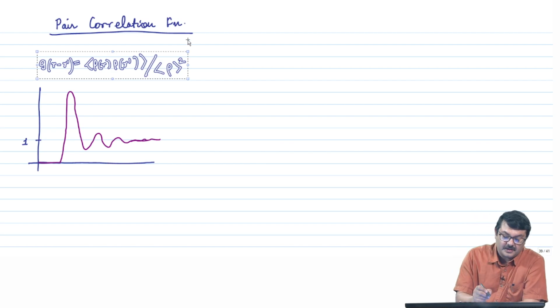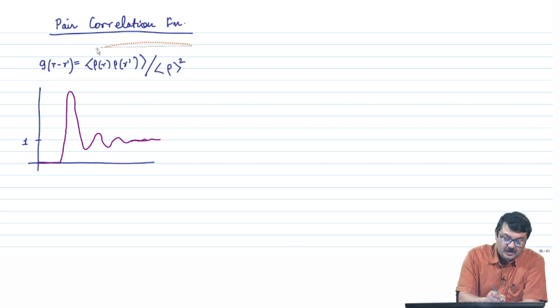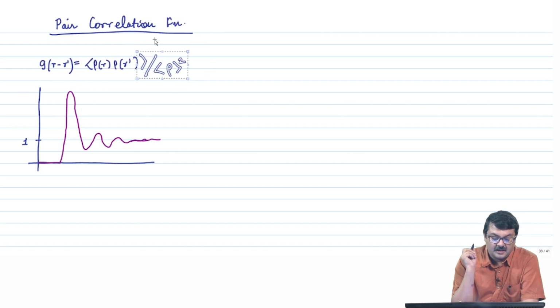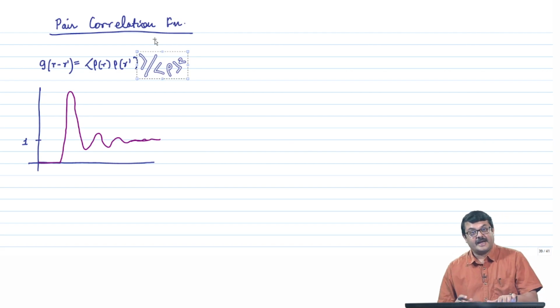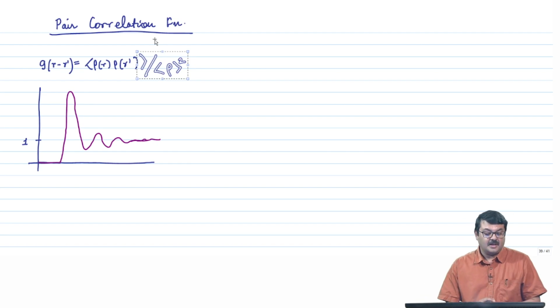Now, in statistical physics books, you might more often find discussion about the density correlation function. That is what you typically calculate when you can calculate density as a function of space.